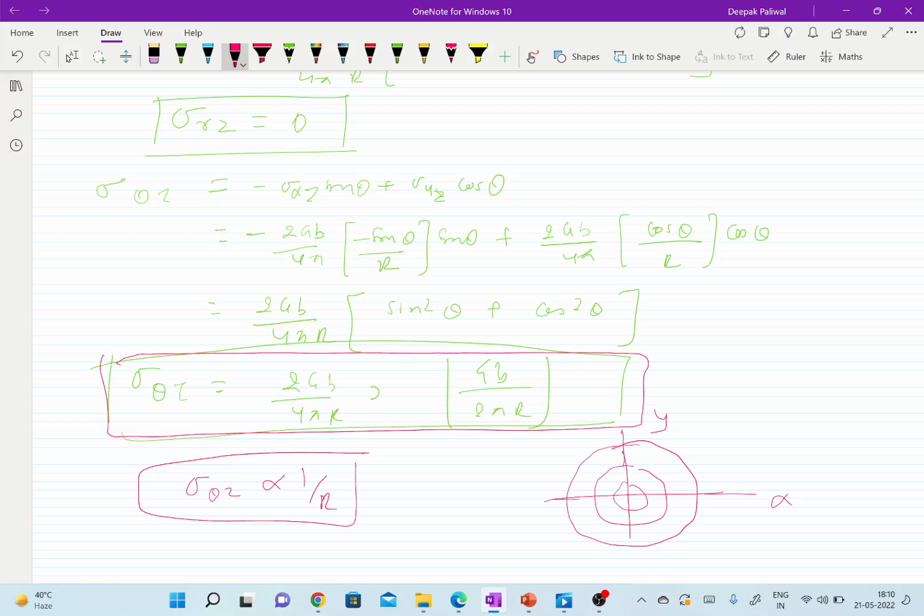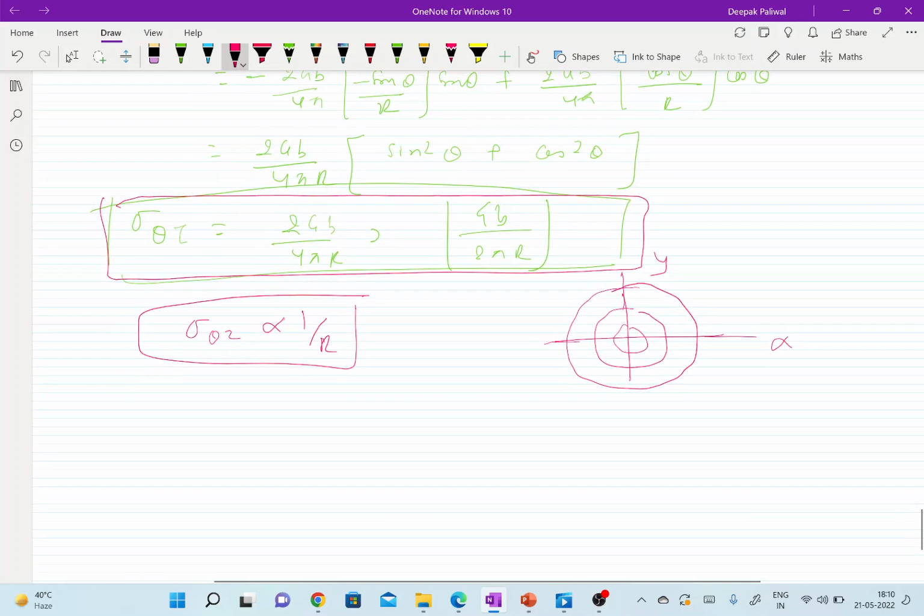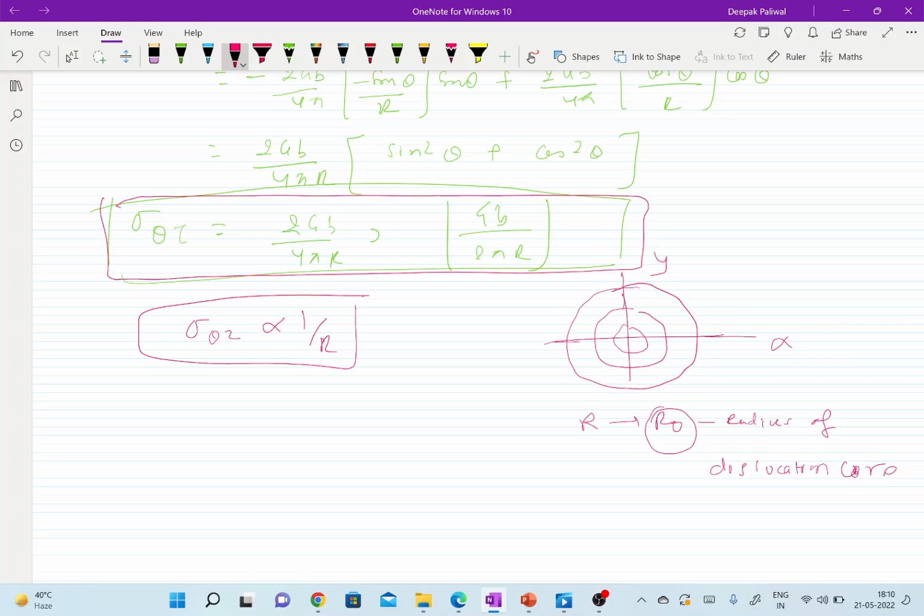Now I want to clear one more thing: when r is r naught, this is the radius of the dislocation core where our assumptions are not valid, meaning our model is not applicable when r is less than r naught.